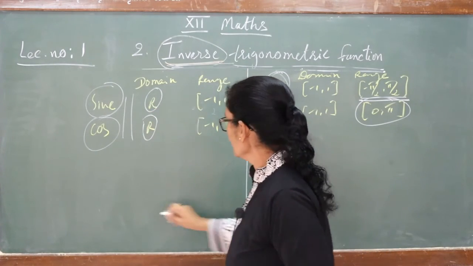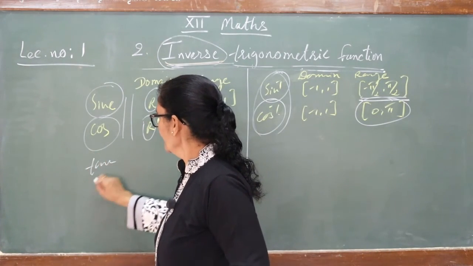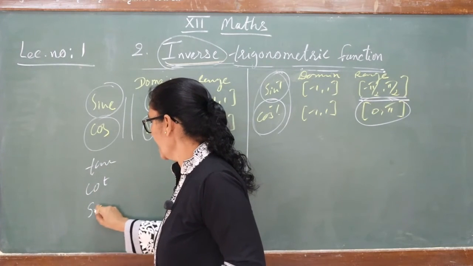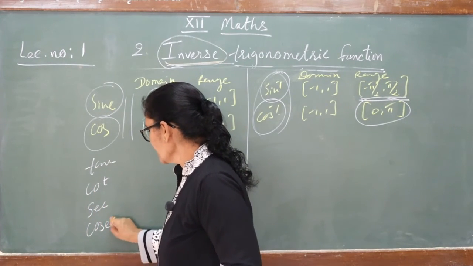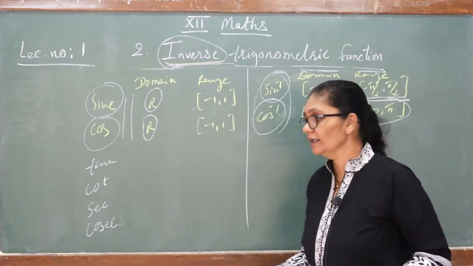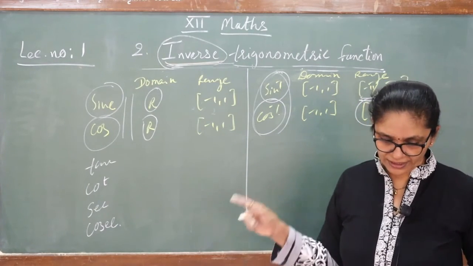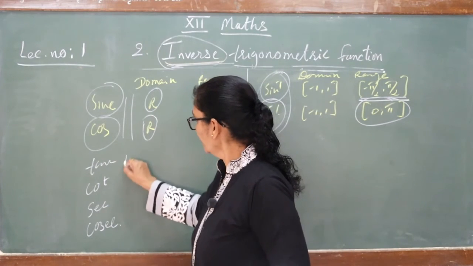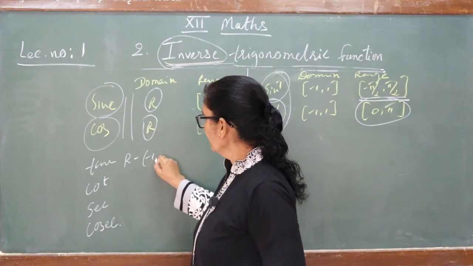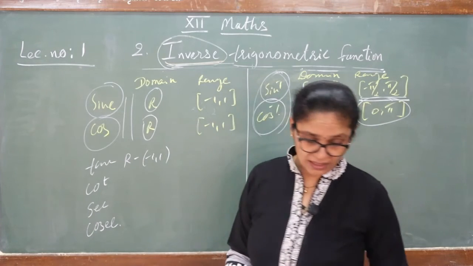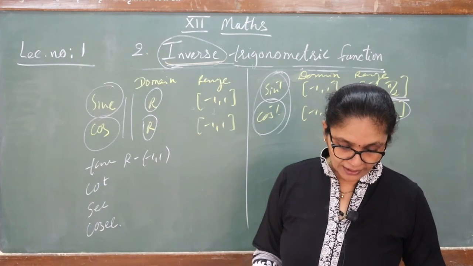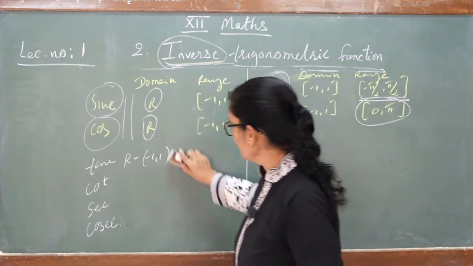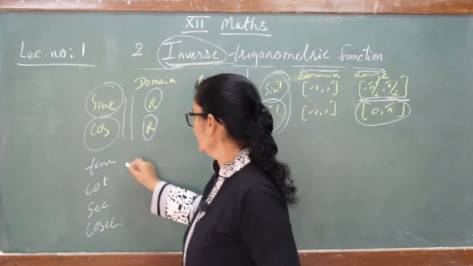Okay, now first I write for tan and cot, then sec and cosec. Just now we are discussing the basic terms of tan, cot, sec, cosec and everything, which you already learned in your previous classes. For tan, what did we learn? R minus the points where cos becomes 0.